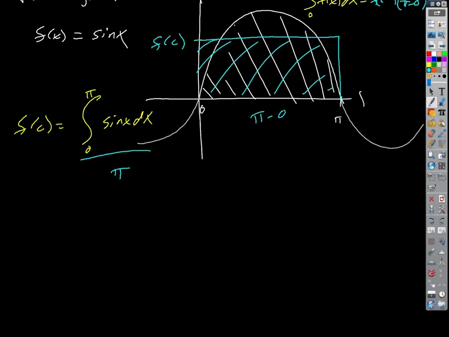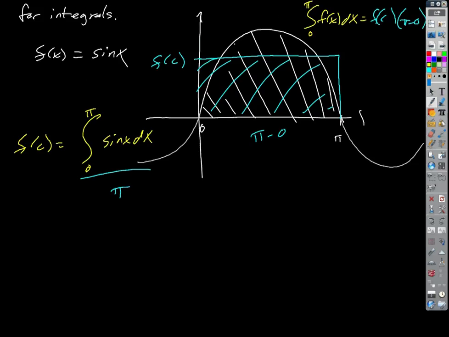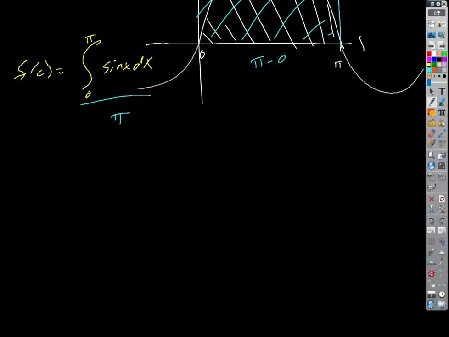Let's do the calculus. We'll review the calculus here. So what's the integral of sine x? Okay, negative cosine x. I can pull the negative out front. We're evaluating that from 0 to pi, all divided by pi. Well, what's that give us? So we get negative, I'm going to evaluate this at pi first.